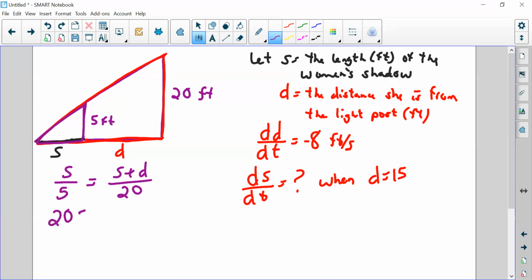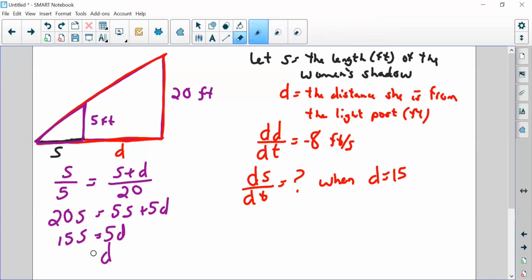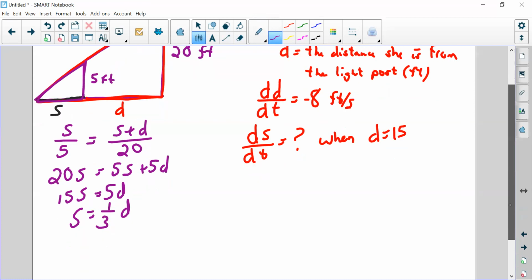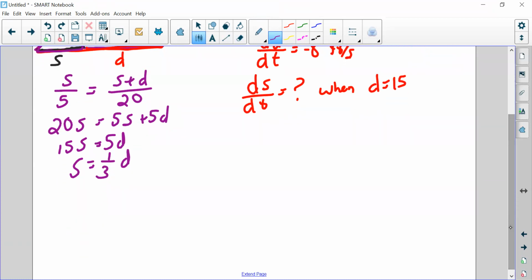Cross multiply. Simplify. And I get D. Well, I probably should solve for S. I get S is equal to 1/3 D. I said a 3, but I wrote an S. Solving for that, dividing each side by 15.